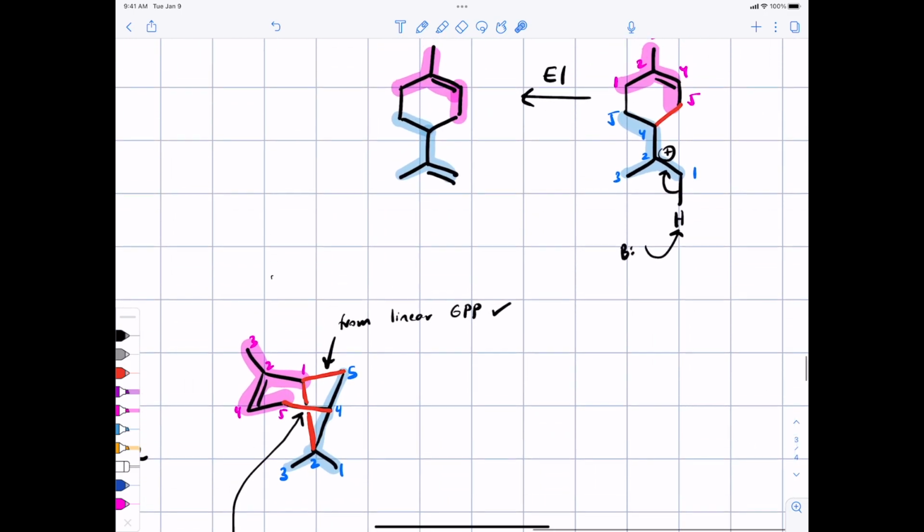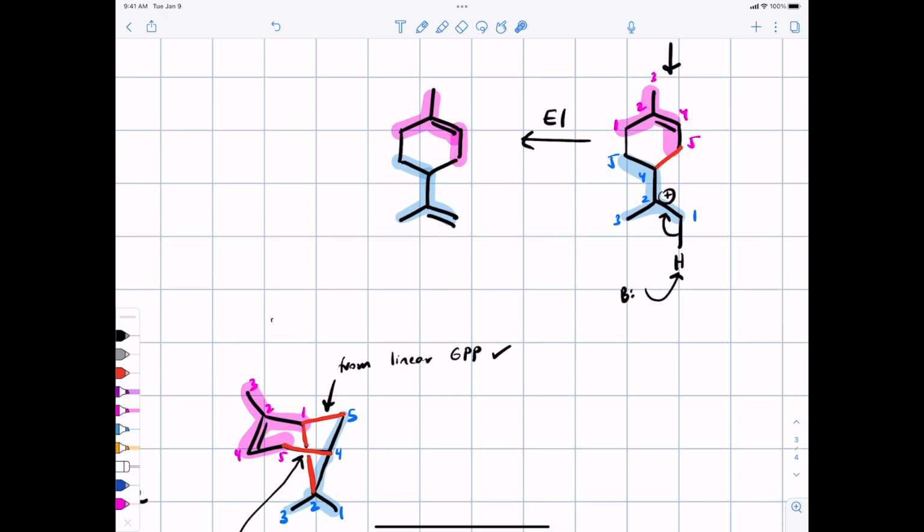All right. So take a look at this intermediate and see if you can figure out how I could have gotten a bond between 1 and 2.